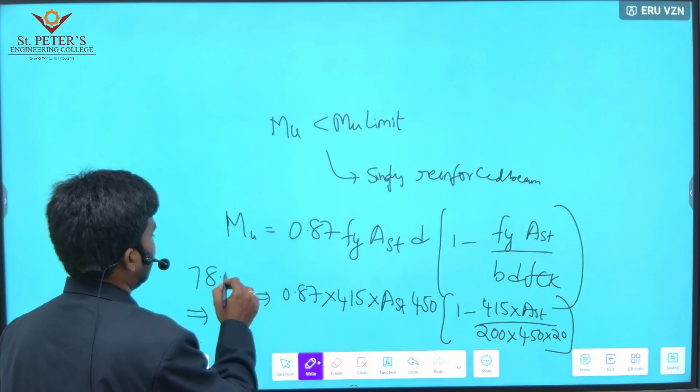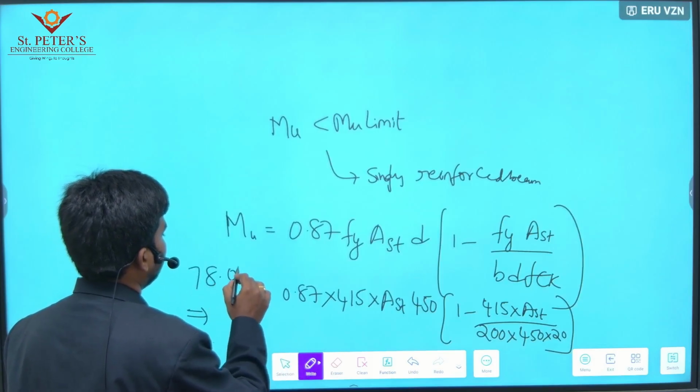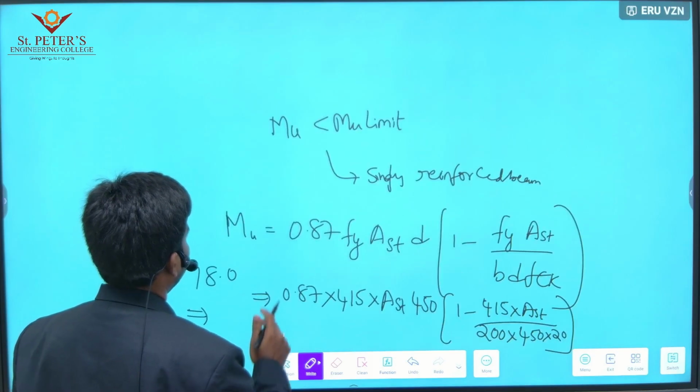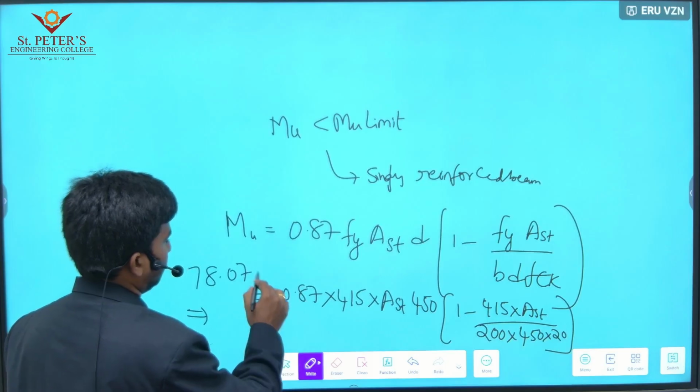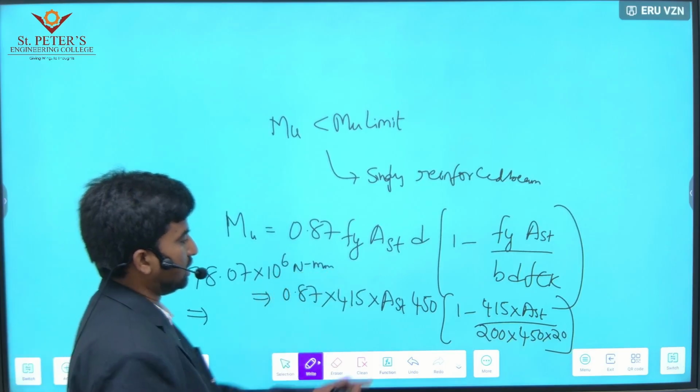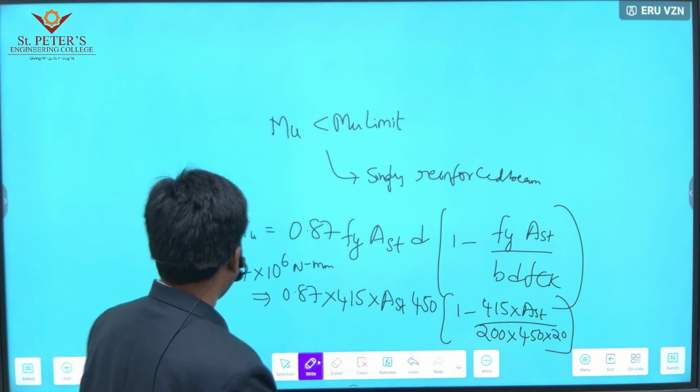Replace Mu with 78.07 times 10 power 6 Newton mm, because these values are in mm only.